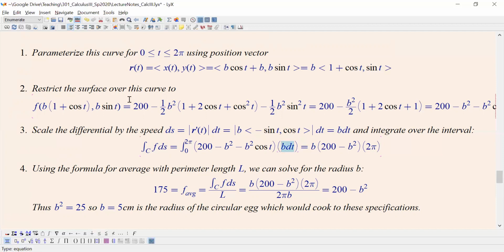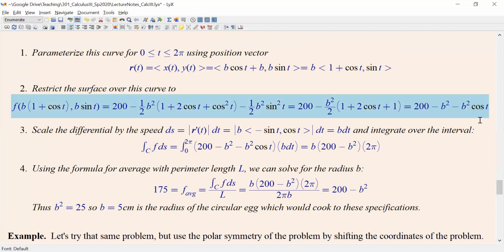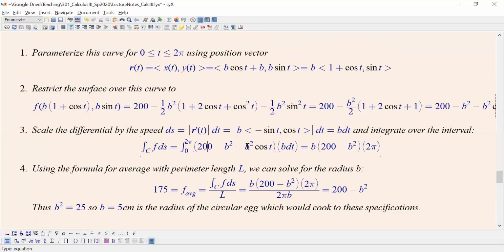And then in the middle is what I simplified down, the 200 minus b squared cosine of t. Okay, so that's what I'm integrating. I can factor a b out, and then I look to see what I'm integrating. I have a 200 minus b squared. That's a constant, so I can factor that out. And then it's multiplied by 2 pi.